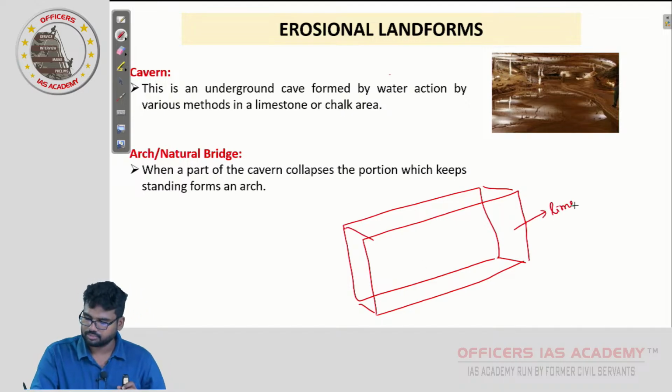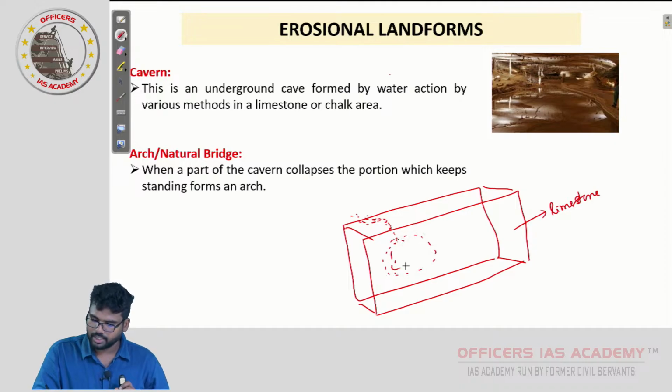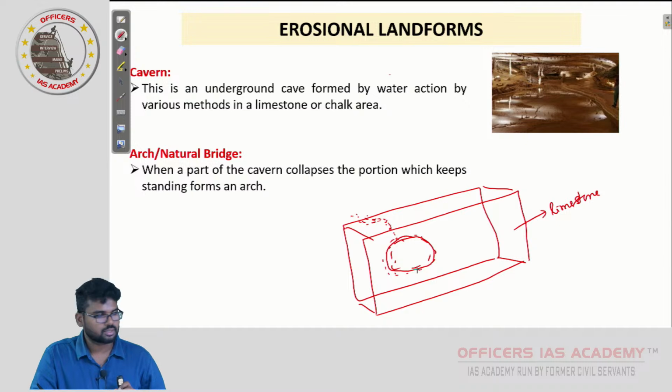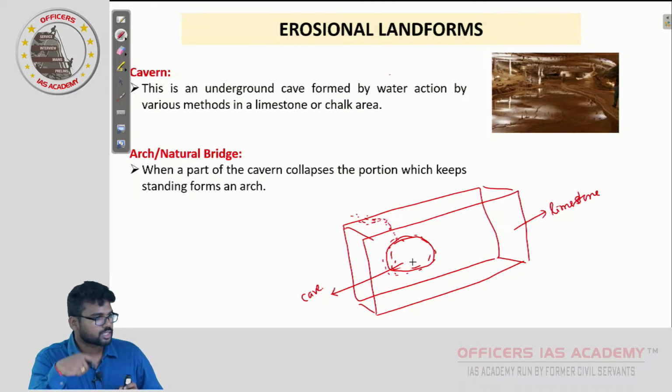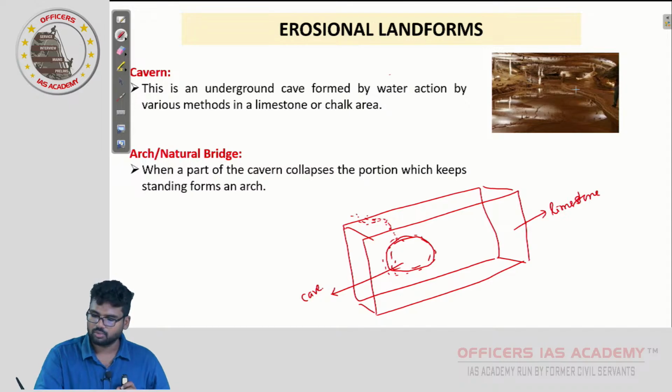Now let us say on the surface there can be water, and this water can sink because it can dissolve, and it can sink into the underground, and in the underground also it can erode, and it can create big hollow structures such as a cave. A cave can be created because continuous erosion, dissolution and transporting of the material can create a cave. So one such erosional feature is the underground cave.